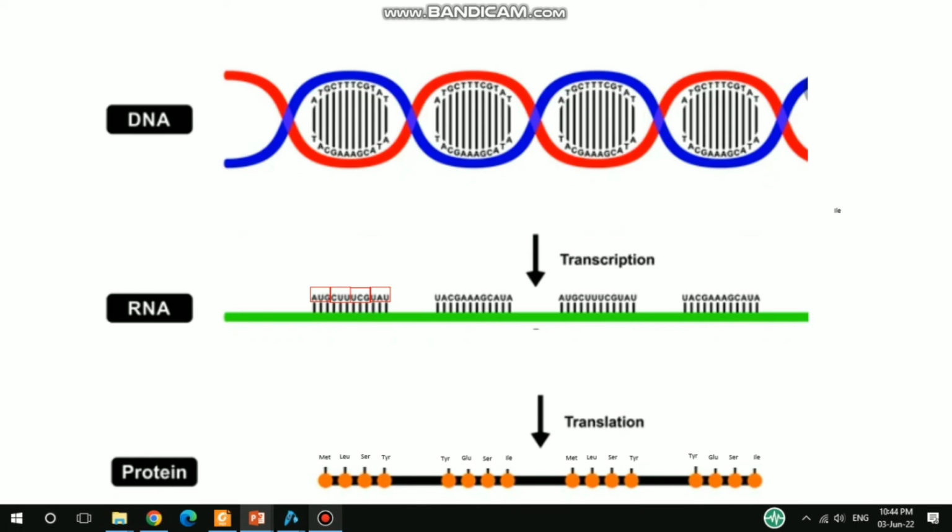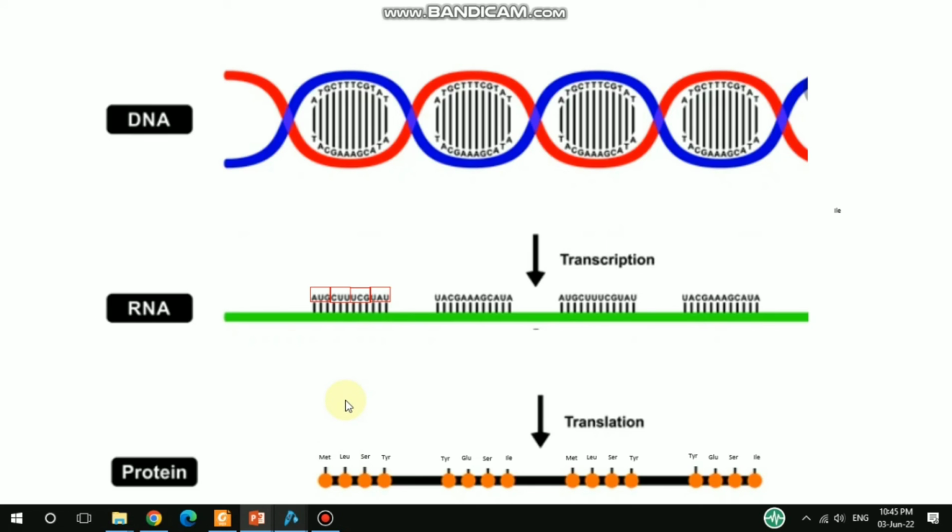Then the next process is translation. These specific codons code for specific amino acids. Translation is the process from the mRNA to protein synthesis, and this process is carried out in the endoplasmic reticulum. The ribosome can detect these codons and then synthesize the proteins.